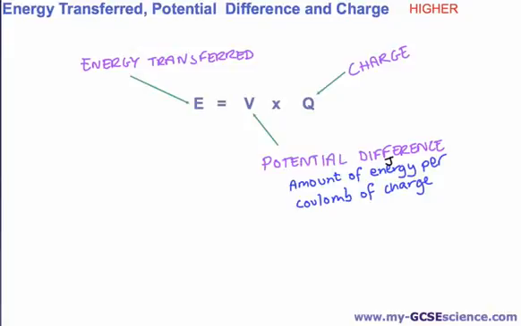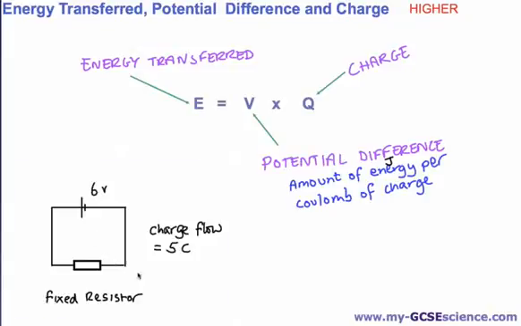Just to give you a quick example, here we have a little circuit and the potential difference across this resistor is 6 volts. That means there are 6 joules of energy for every coulomb of charge passing across this fixed resistor. And in this little diagram here, the charge flow is 5 coulombs.